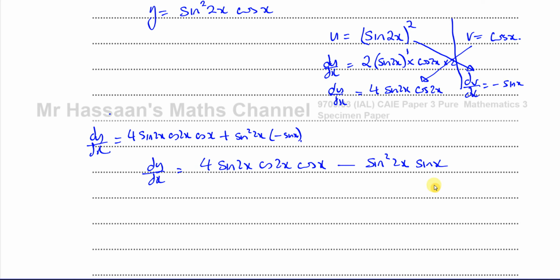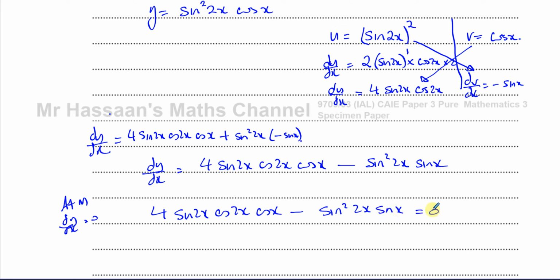Now, as we said, we know that at the point M, dy/dx equals 0. So you have to equate this to 0. So you have 4 times the sine of 2x times the cosine of 2x times the cosine of x minus the sine squared of 2x times the sine of x equals 0.